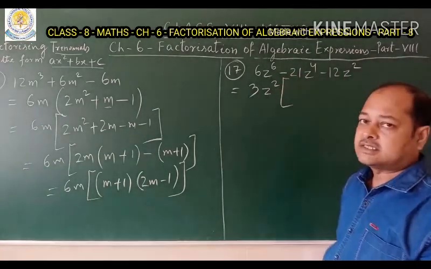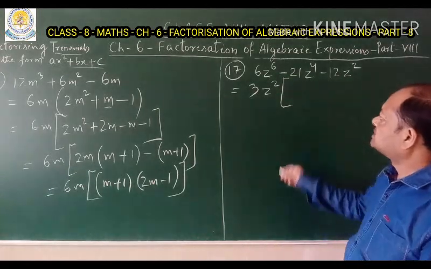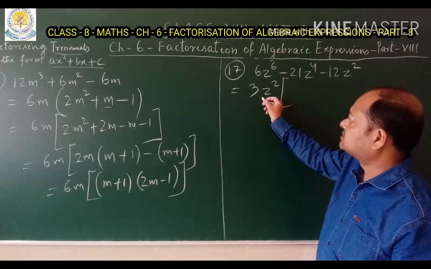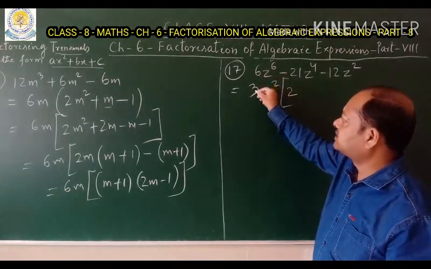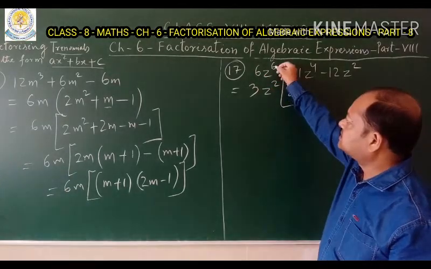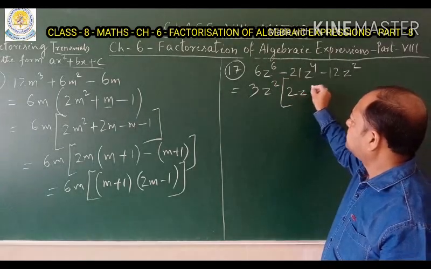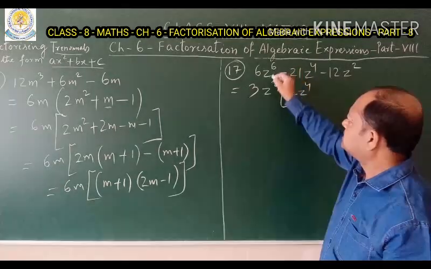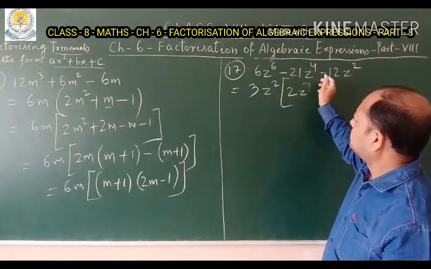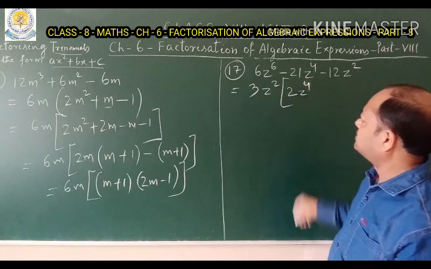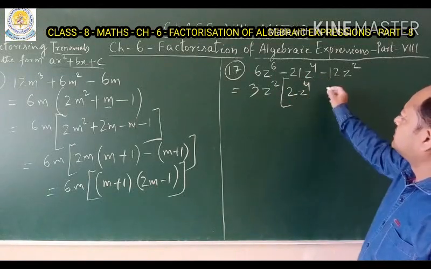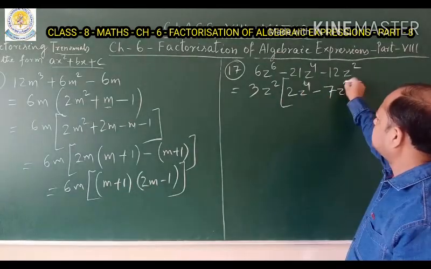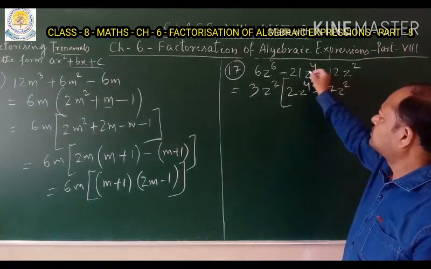So if 3z square you have taken common, what is inside now? Here 6z^6, 6 divided by 3 is 2, and z^6 divided by z square will be z^4. Then minus 21z^4: 21 divided by 3 is 7, and z^4 divided by z square will be z square.